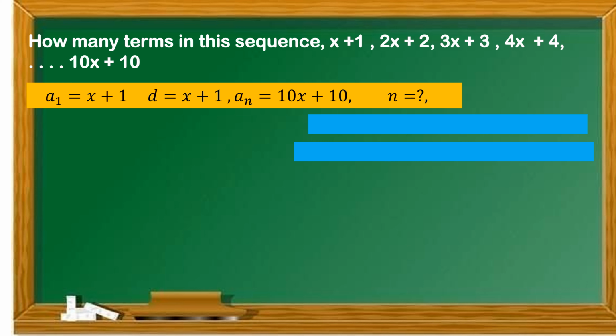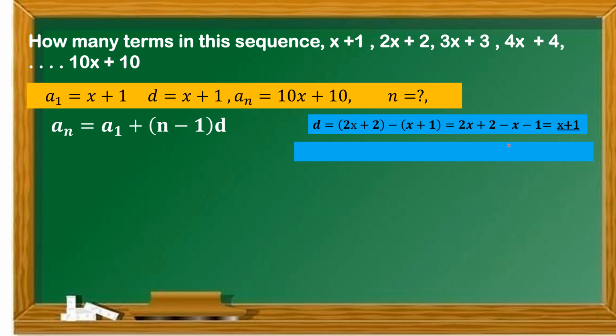Let us check why we're able to get the common difference of x plus 1. Okay, so we have the second term minus the first term, so we have 2x plus 2 minus x plus 1. To further simplify, the negative will be distributed.